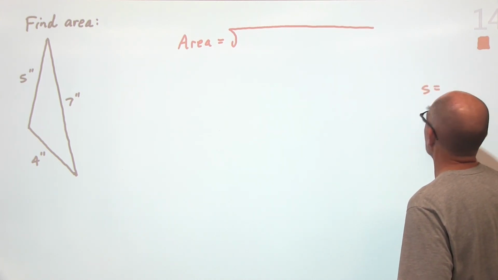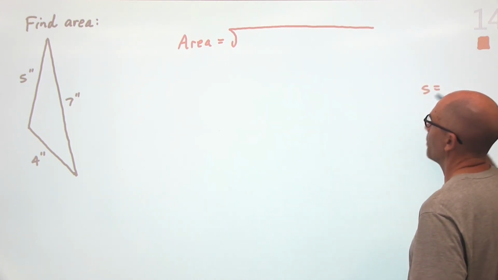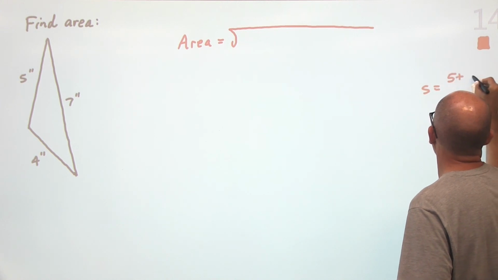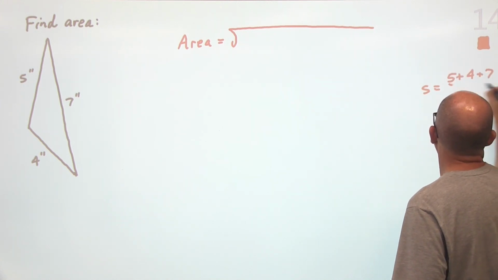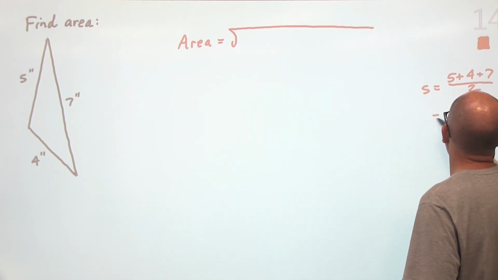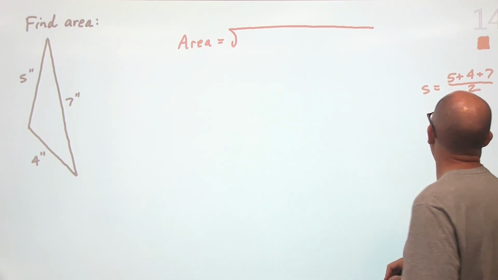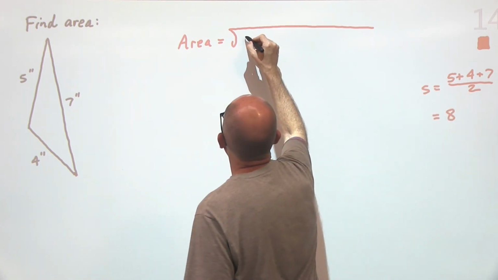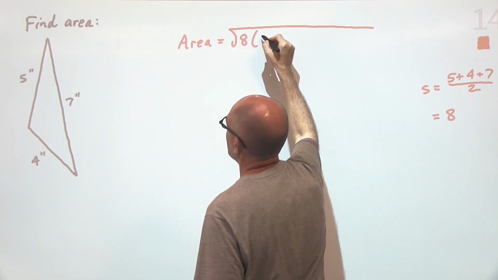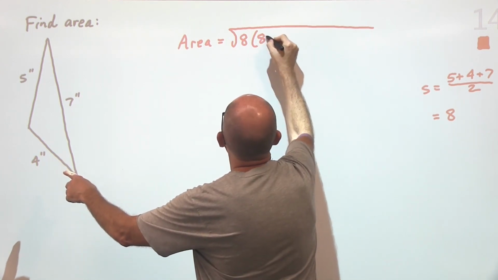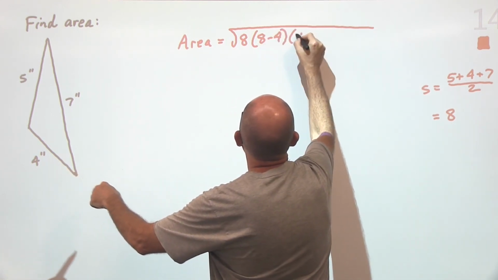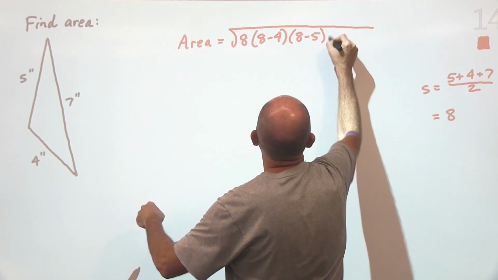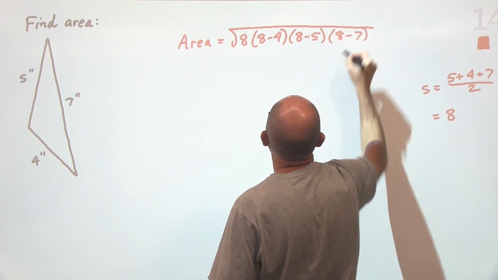S equals 5 plus 4 plus 7 over 2. Well, that's 16 over 2, which is 8. So S is 8. So area equals 8 times 8 minus 4 times 8 minus 5 times 8 minus 7.